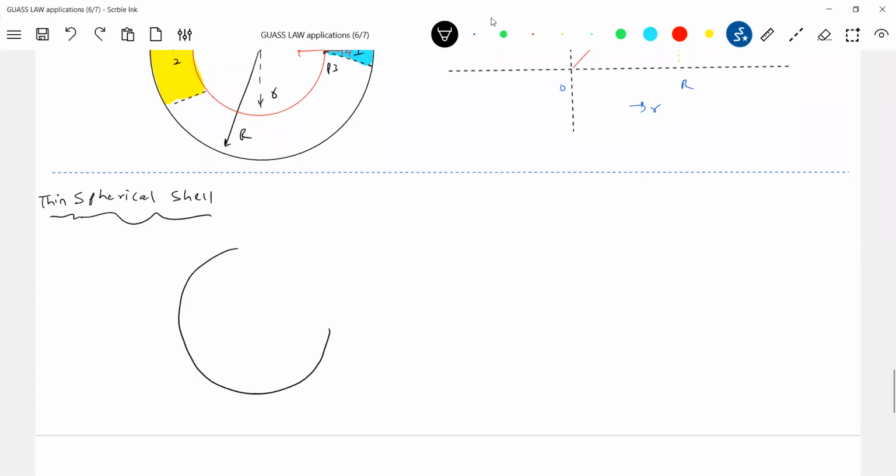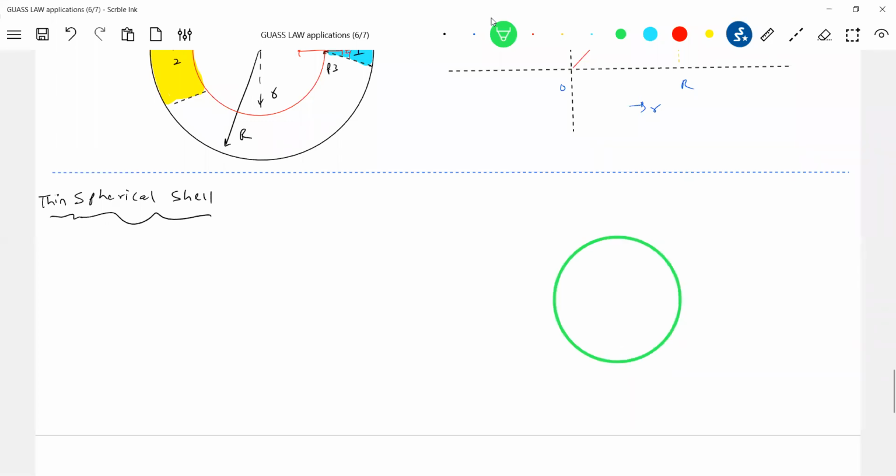We need a diagram. I'll draw it here. It's a thin shell of mass m.